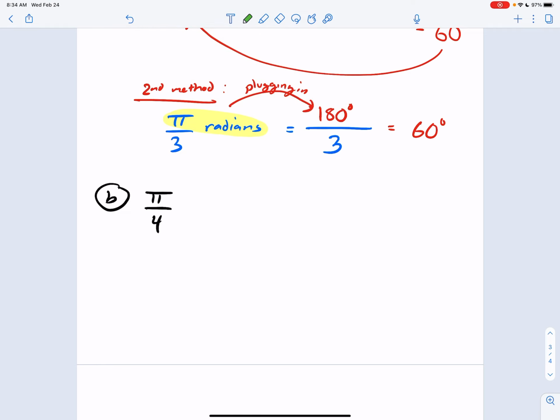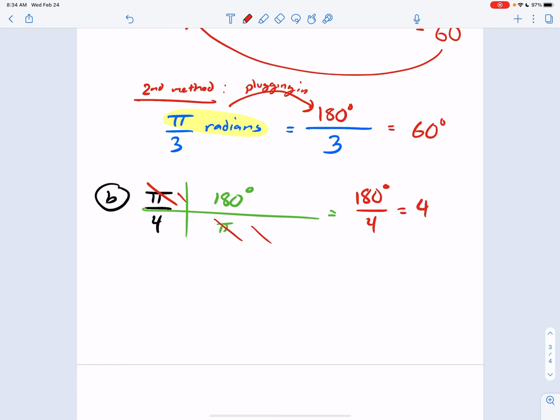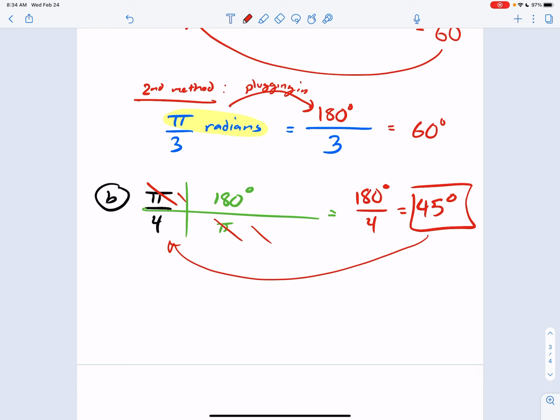Okay, first method, t-chart. 1 pi radian is equivalent to 180 degrees. All right, pi's will cancel out. The radians will cancel out as well, even though I didn't write it there, okay? But you're just left with 180 degrees divided by 4, which is 45 degrees. 45 degrees is the same thing as pi over 4.